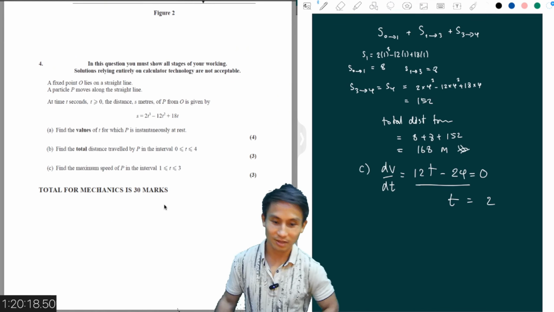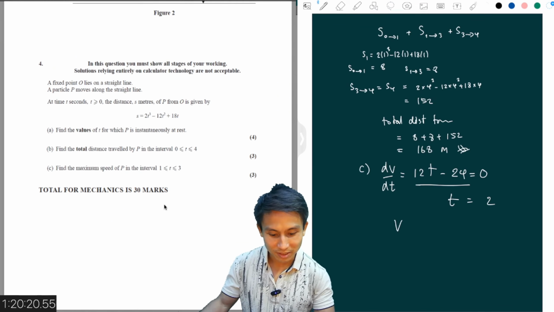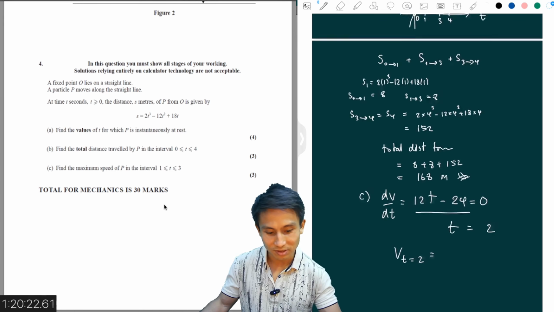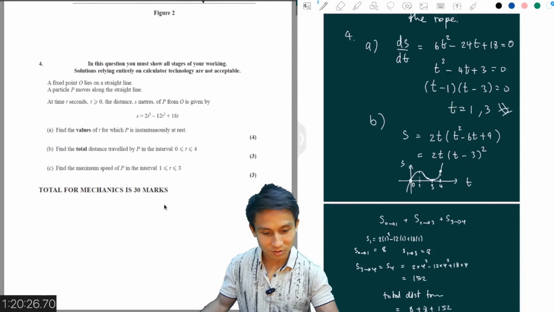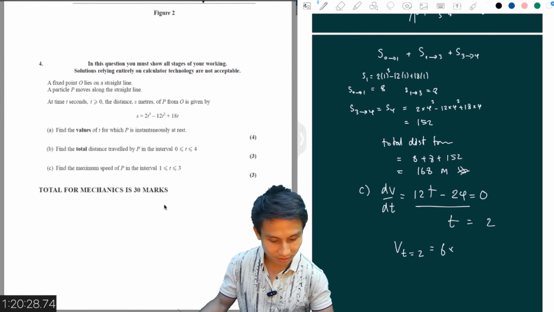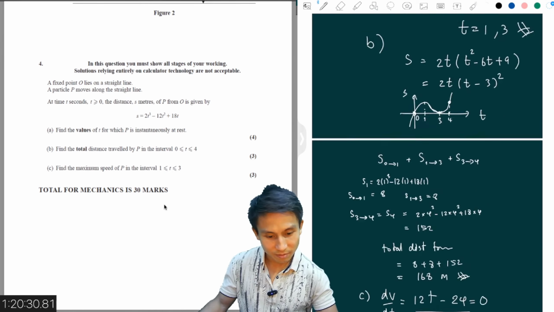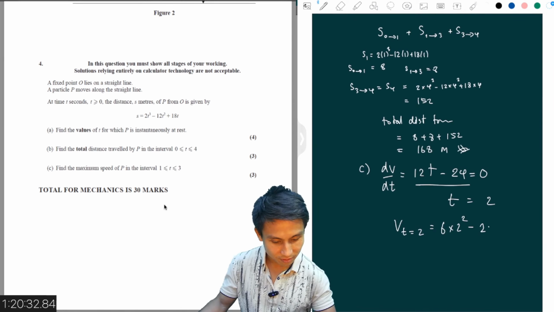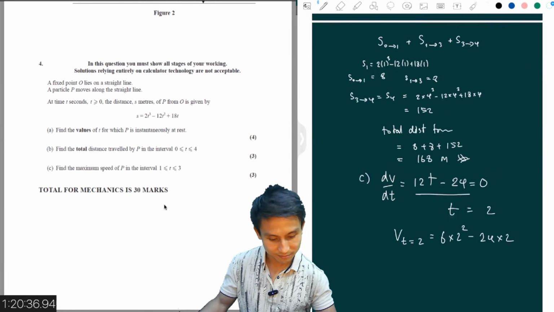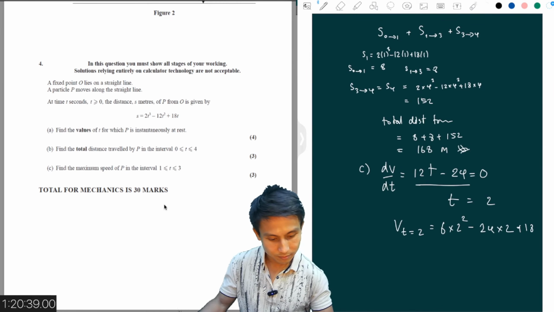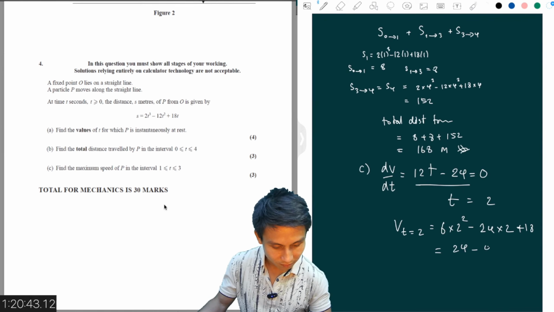Right? And if we want the maximum speed, then v at t equals 2 would be, just substitute 2 back in the speed equation there. So that's 6 times 2 squared minus 24 times 2, and plus 18. So that's 24 minus 48 plus 18, right?